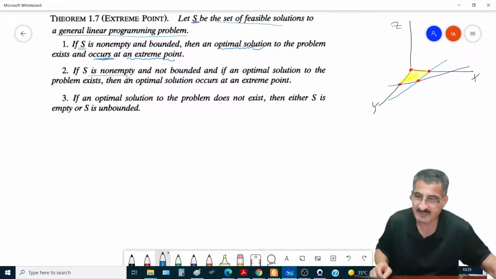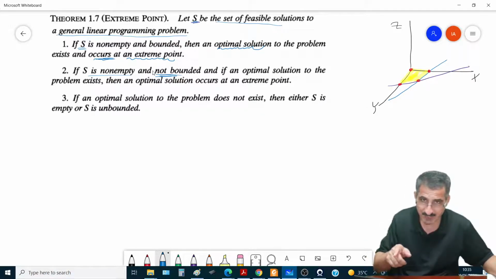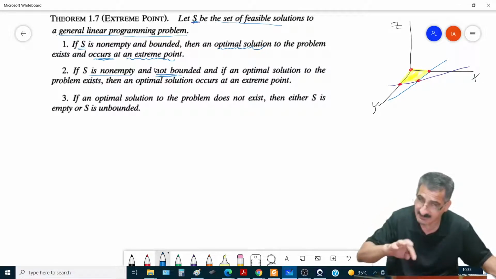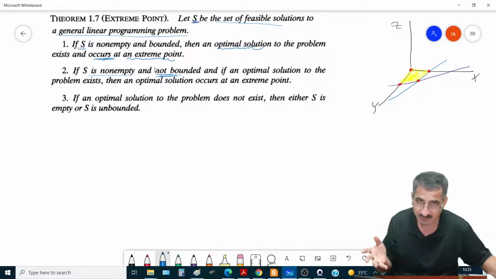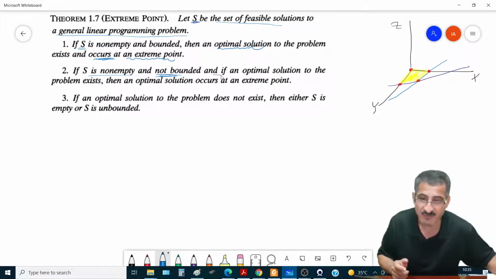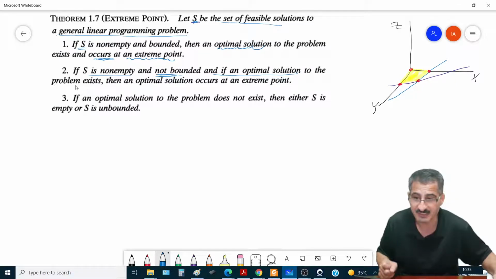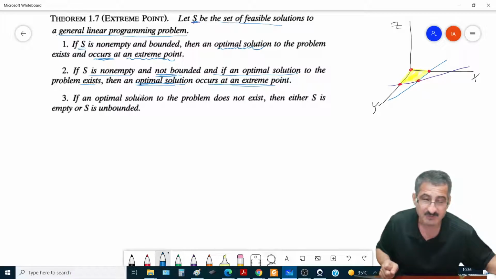Now, let's go to part 2. If S is non-empty but not bounded, then we might or might not have an optimal solution. But once we have an optimal solution in that case, it again occurs at an extreme point.